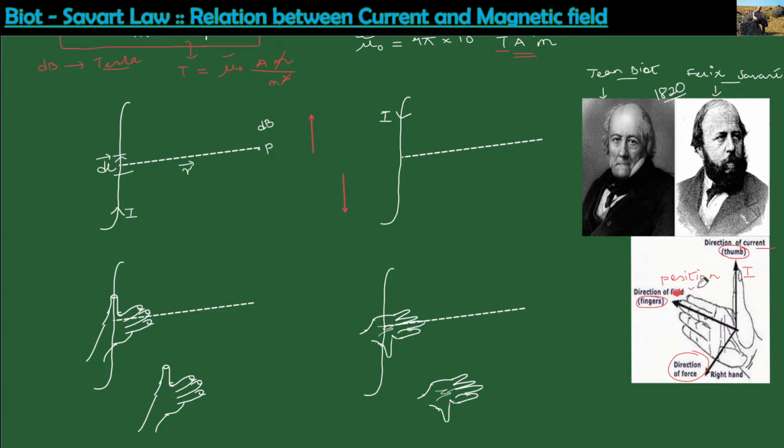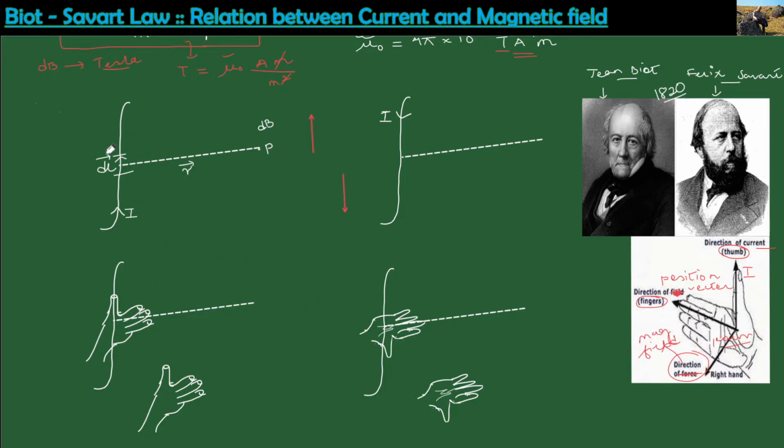This is a different situation: the direction of the position vector, and the direction to which the palm faces. This is the palm of your hand. The direction in which the palm faces will give you the direction of the magnetic field.